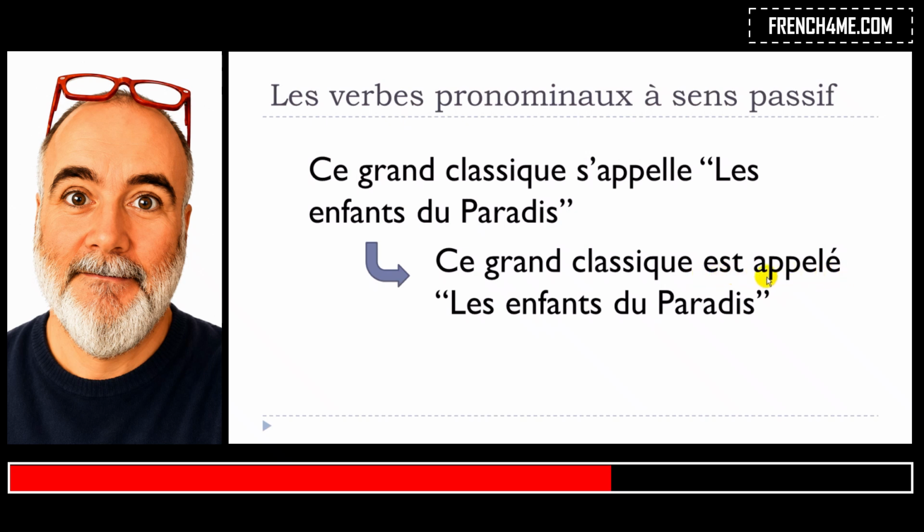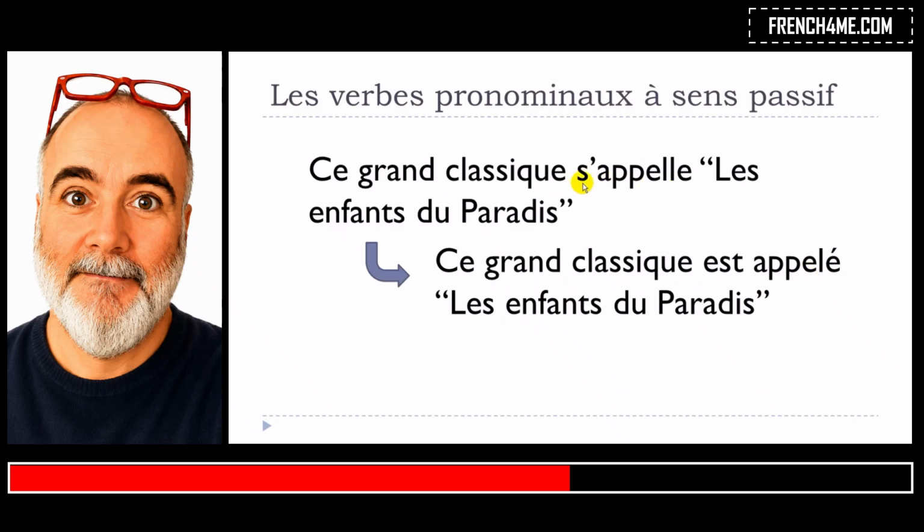So in that case, you don't have this form pronominal, okay? You just have this form non pronominal, so appeler. And it's possible to use it at the passive form. Est appelé, is called.